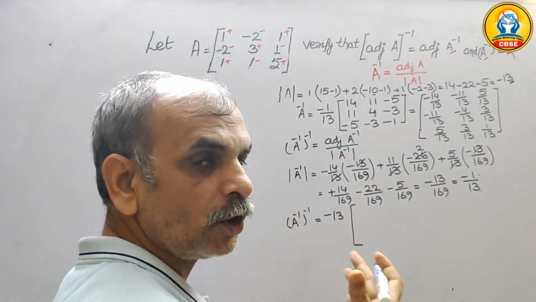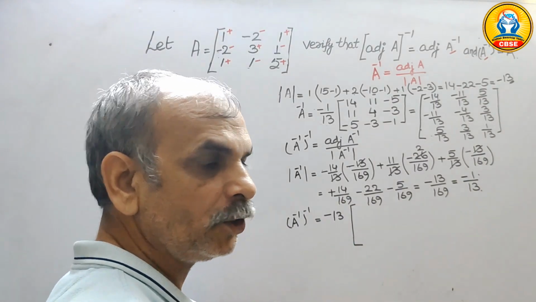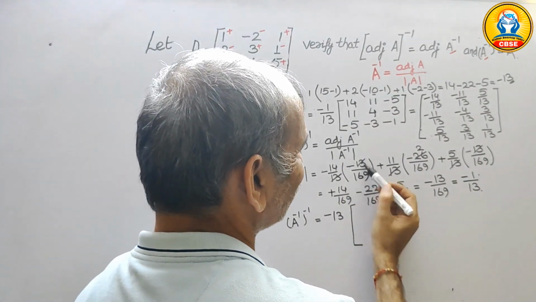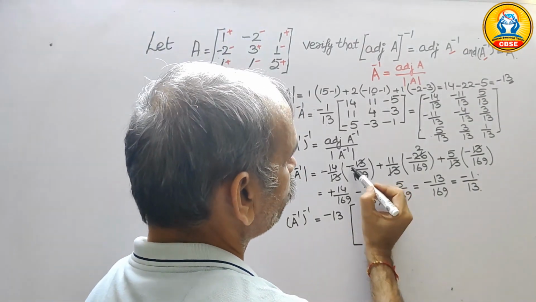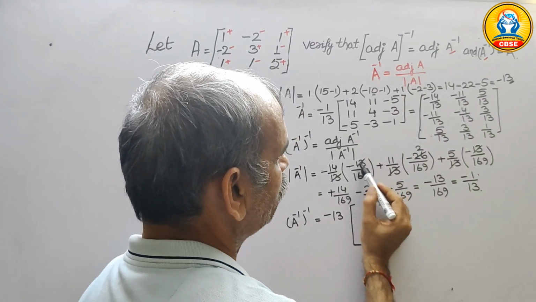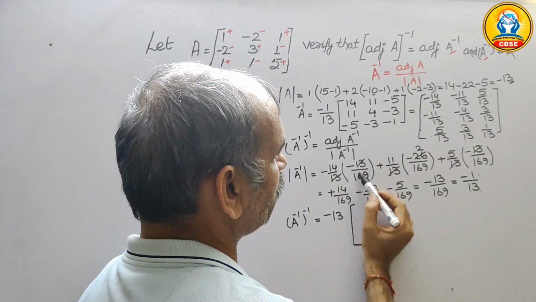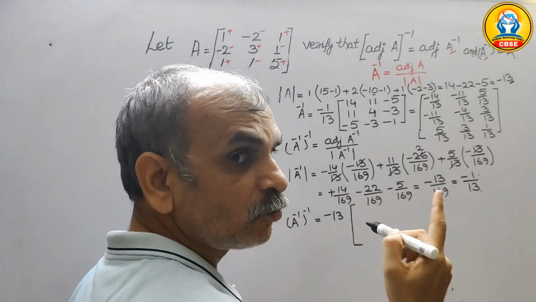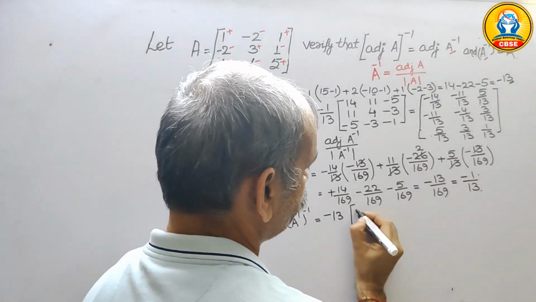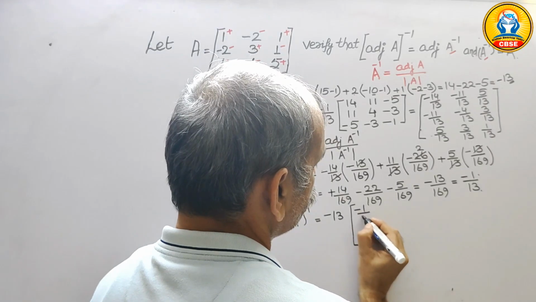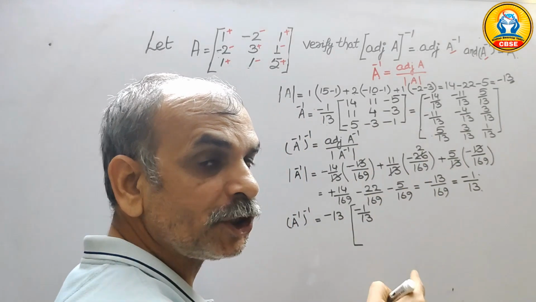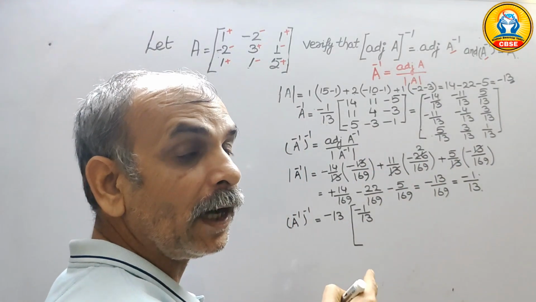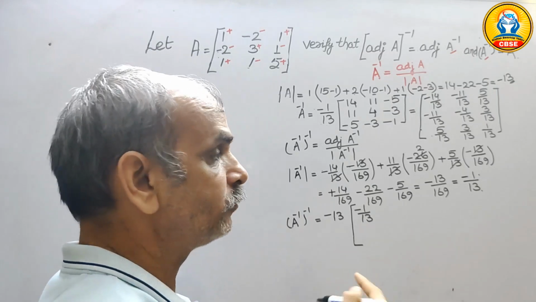So first row need not to solve. I have already told. Why means we have done here. So here it is minus 1 by 13 and 169. Just reduce it. You will get minus 1 by 13. This will be minus and the position is positive. Minus only. So we will get positive.